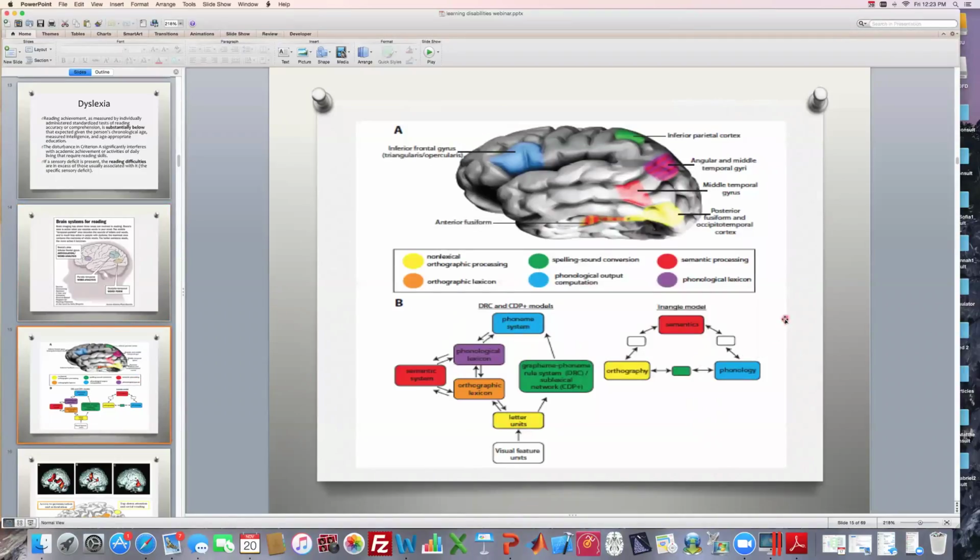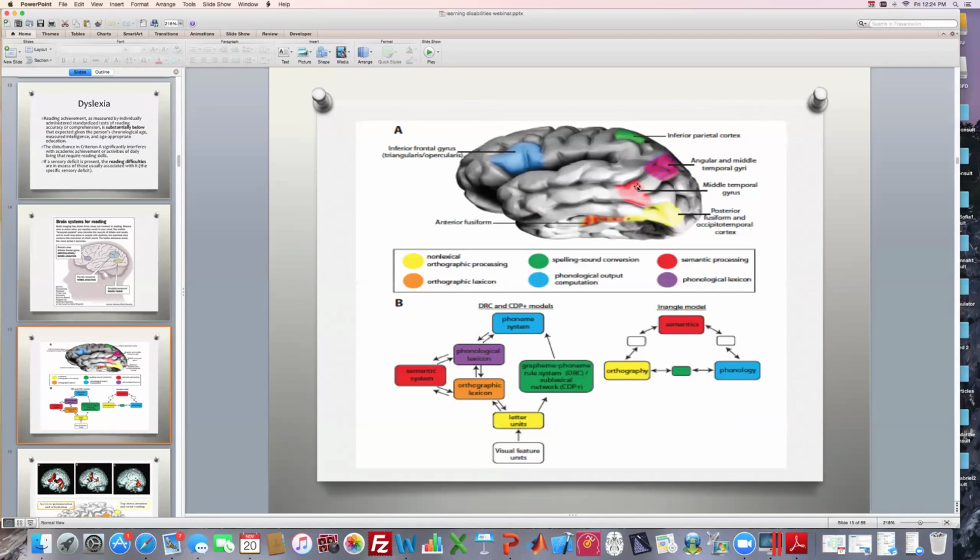This is a little more complex rendition of what we've just gone over. This is from a meta-analysis showing areas of dysfunction in dyslexic subjects compared to normal controls. And each of these areas you'll see in turn, first the occipital temporal junction you see here, which is basically the word form analysis we've talked about.